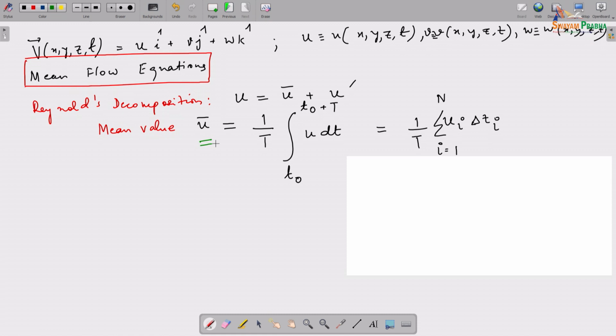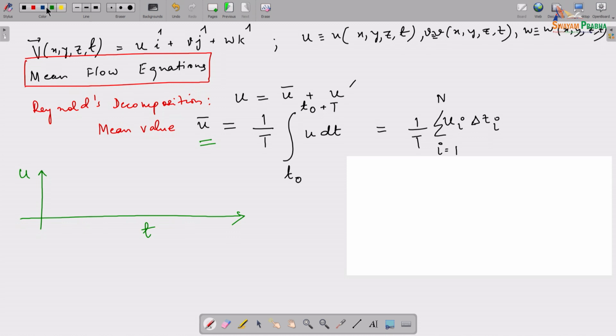So then the decomposition, the total velocity, is as follows. Say this is my time, and this is my u component of velocity.